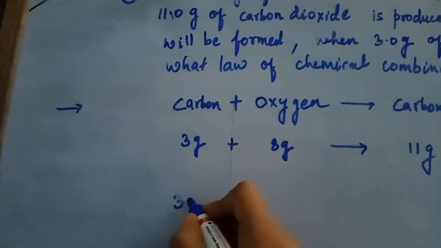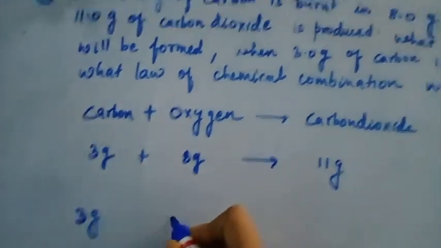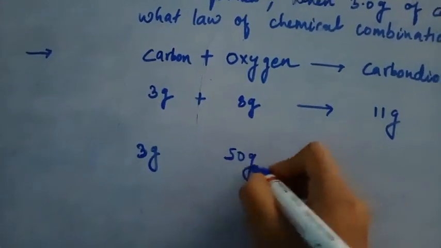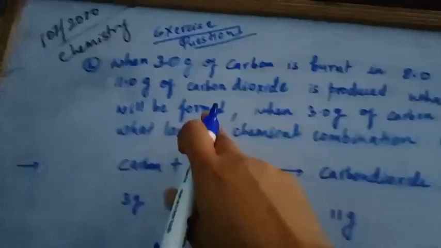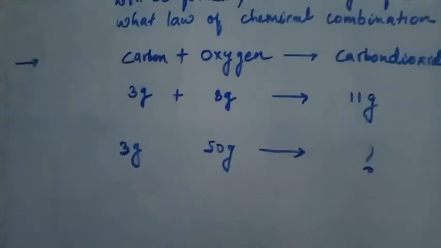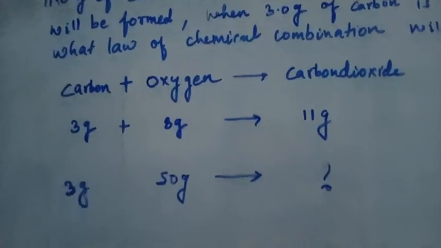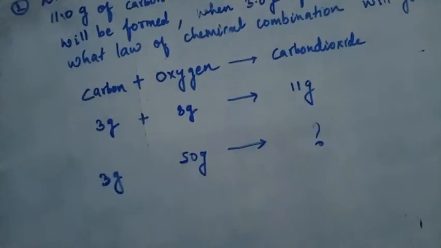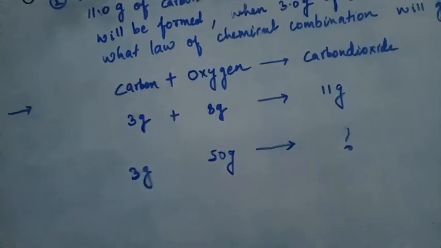So this time we have taken 50 gram of oxygen, and we have to calculate the mass of carbon dioxide. Here we cannot just add 50 plus 3 gram and say that 53 grams of carbon dioxide forms. It is not at all going to be done like that, because just now we have talked about the fixed mass.